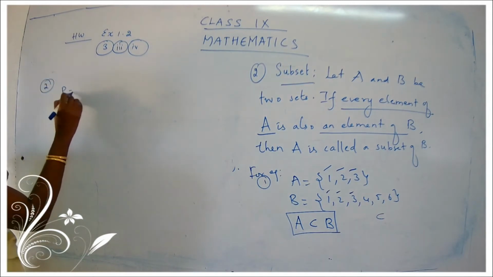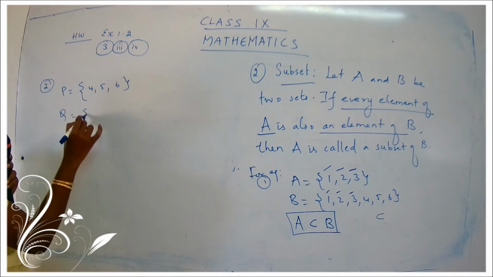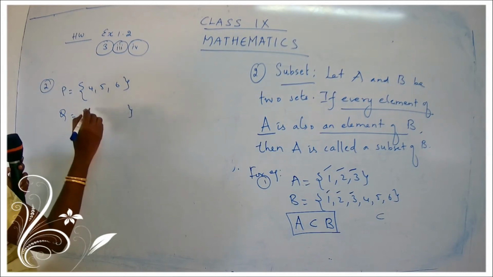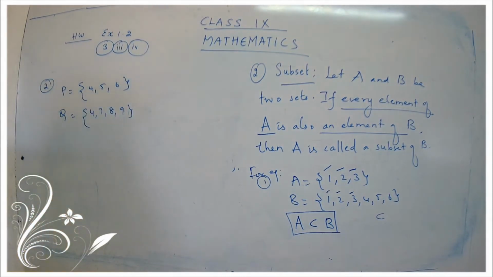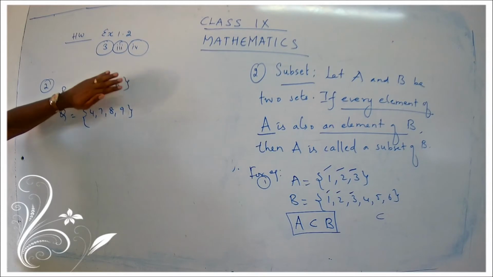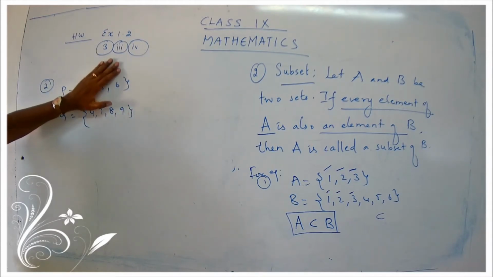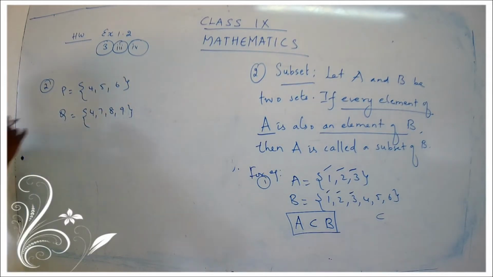P is equal to 4, 5, 6. Q is equal to 4, 7, 8, 9. So when do we say P is a subset of Q? Remember, every element of P must be an element of Q. Here, 4 is there.